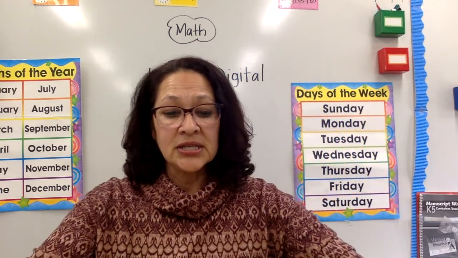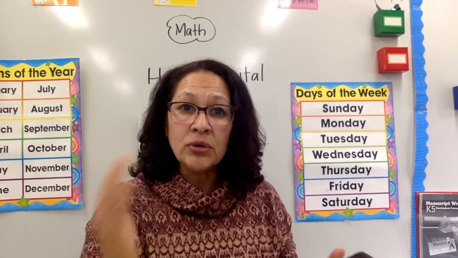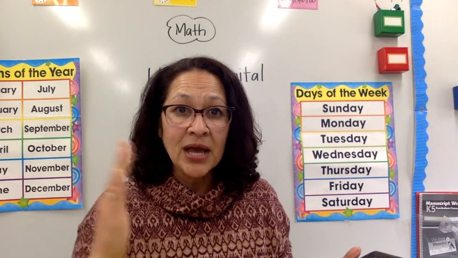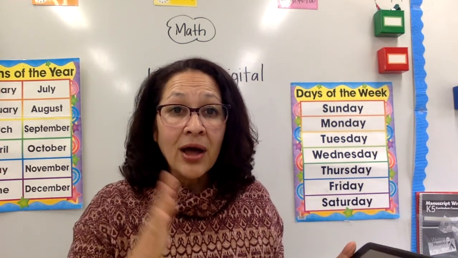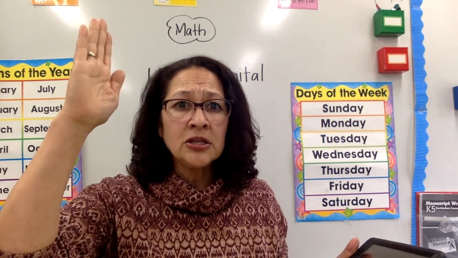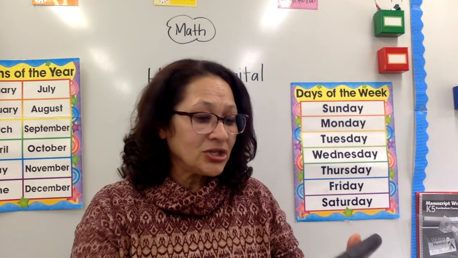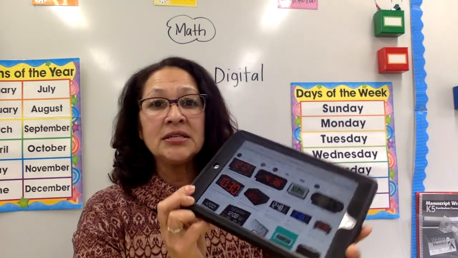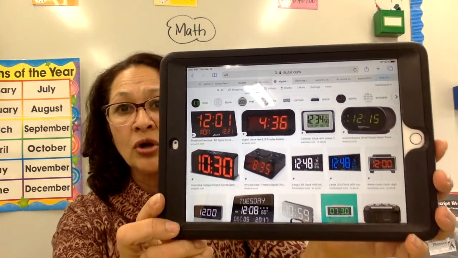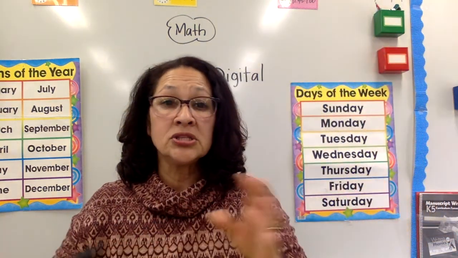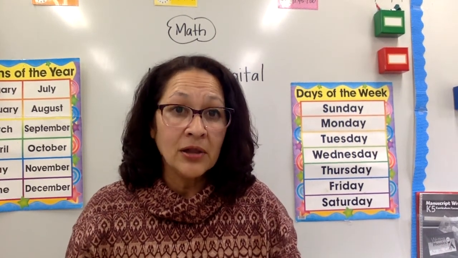So I'm just letting you know that that is one example of how you can see if it's the same time. Because 00 means o'clock for digital, and for analog it means the big hand is on the 12 and the little hand is on the 3. And I took a picture of these different types of clocks that you could see maybe around your home or around stores, and those are also ways of telling analog time.